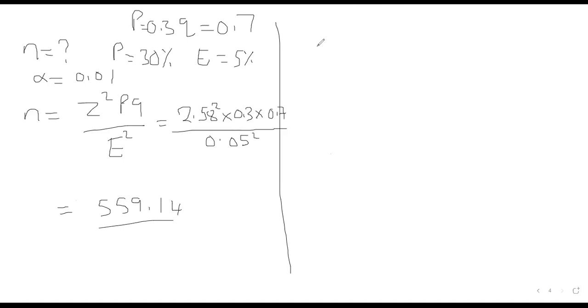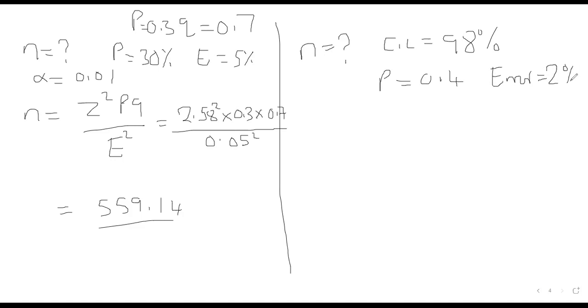All right. Let's try another one. Suppose you're being asked to find the sample size, and you're given your confidence level at 98%, and your proportion is 0.4. Who wants to try? How do we find our sample size?